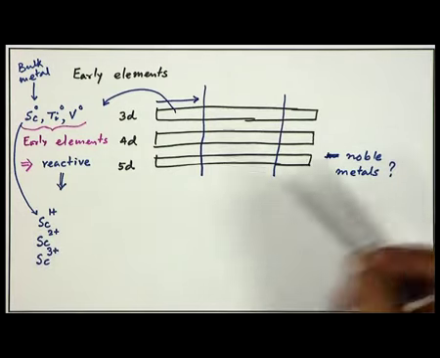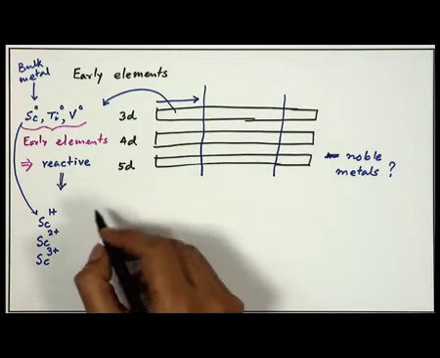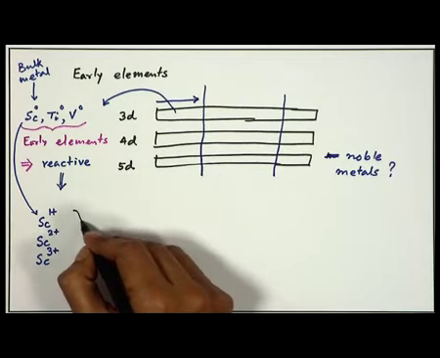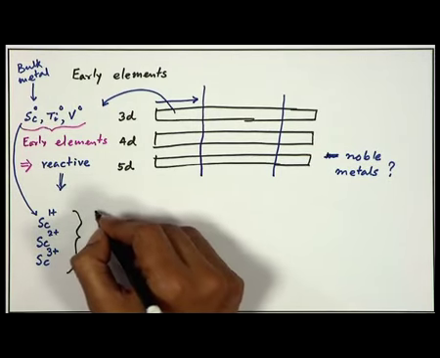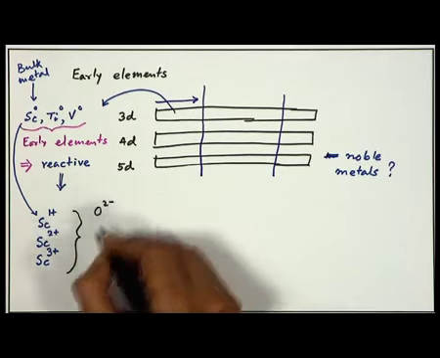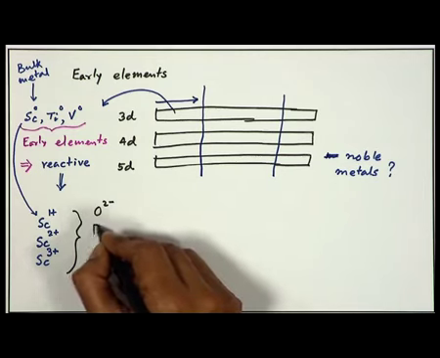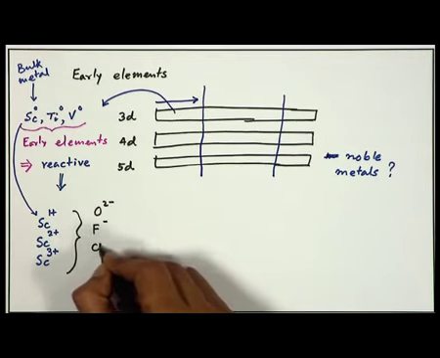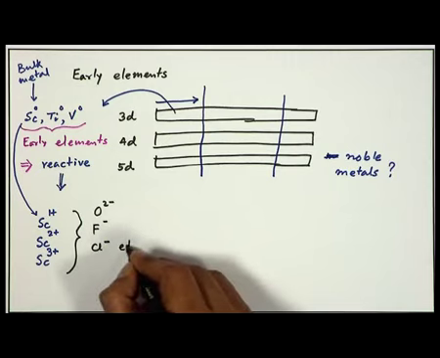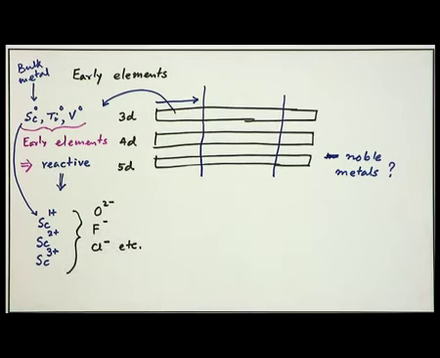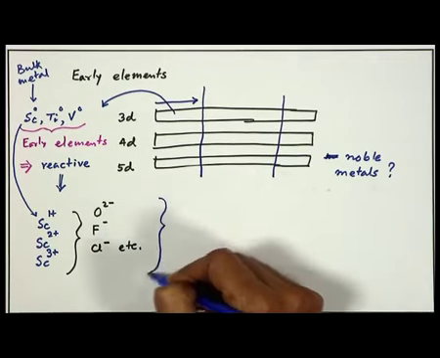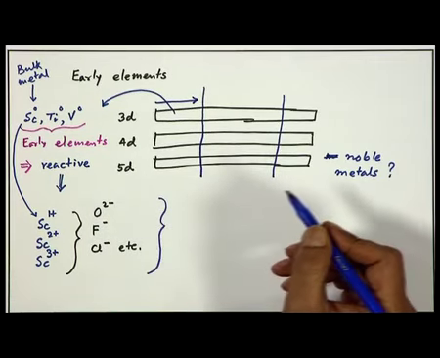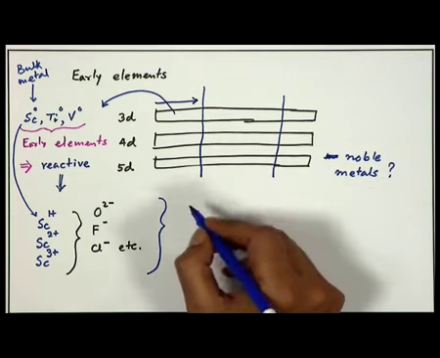So, what we are saying is that they are reactive with other electronegative elements such as O2 minus, F minus, chloride, etc. Nature will do that particular reaction, that means the reactivity with O2 minus, F minus and Cl minus.